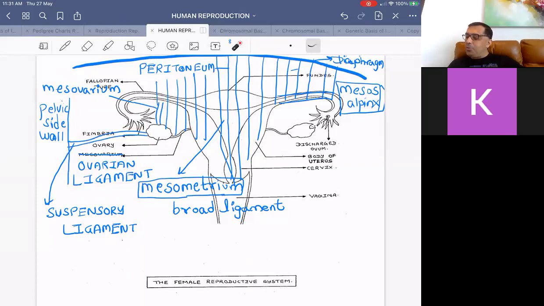So I hope you all have understood this. Here we have the diaphragm, from which arises the peritoneum.